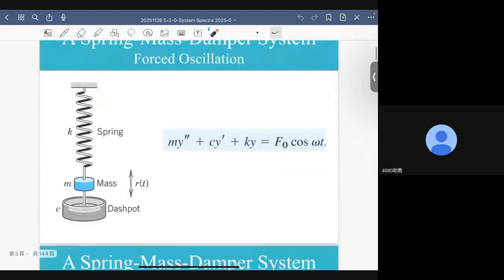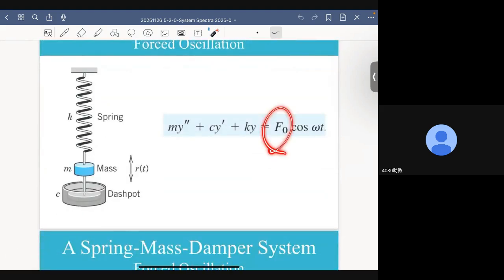What does that tell us? It tells us that even with the same amplitude, if this forcing function has different frequency, then the response of this spring mass damper system will not be the same, okay?